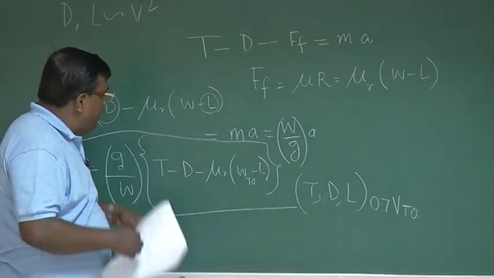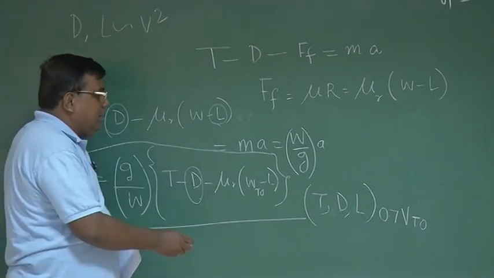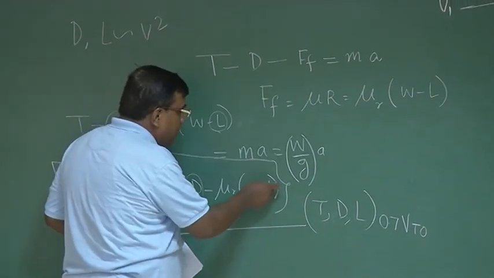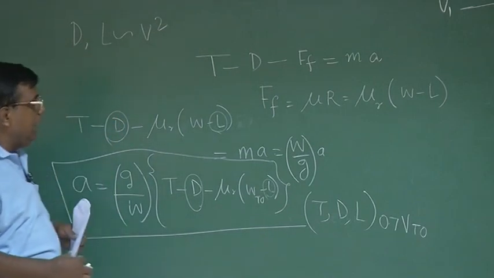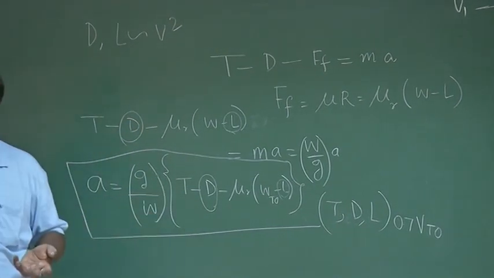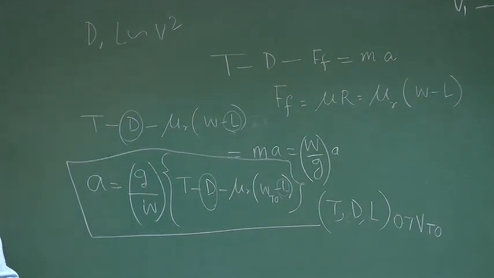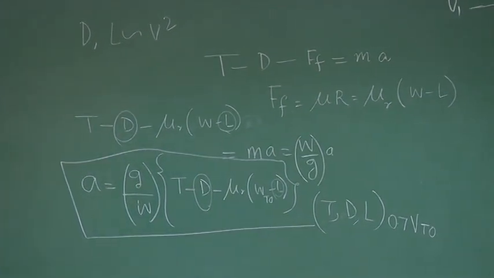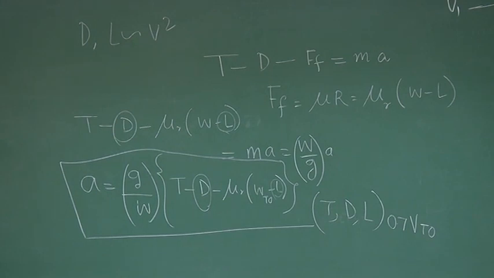That means what? I will calculate drag at 0.7 V takeoff, I will calculate lift at 0.7 V takeoff, and I will do thrust correction for 0.7 V takeoff, if it is required. You can, for all practical purpose, assume thrust is not varying. Okay? Drag and lift, that is the primary thing here as far as causing the acceleration is concerned. So what is learned?